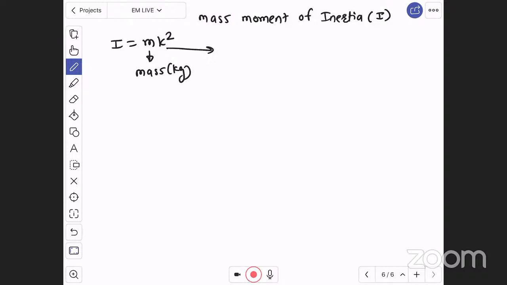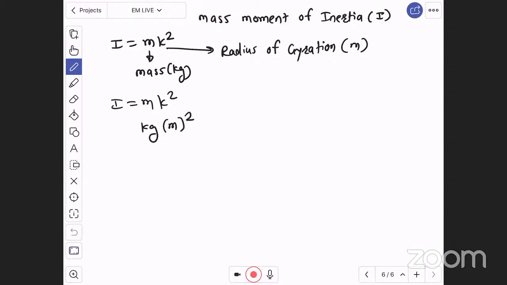And k is called radius of gyration, which is in meter. Therefore, the unit of I will be mk square, that is mass in kg, k in meter square. So the unit of I is kg meter square. And this is called mass moment of inertia.